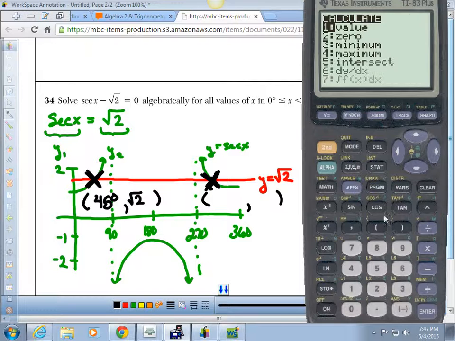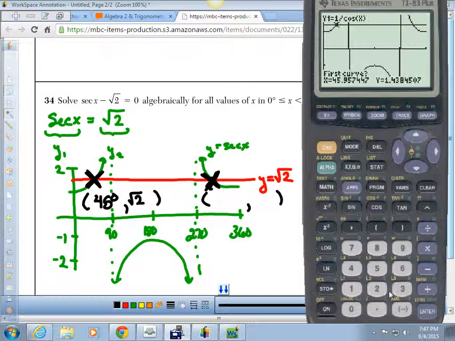Second trace. Option number 5. Is y1 the first curve? Yes. Is y2 the second curve? Yes. My guess, I want to bring it way over here to the right now. Close enough.